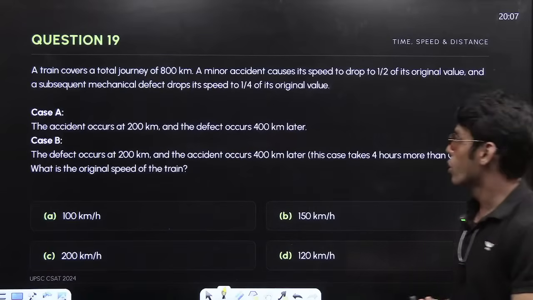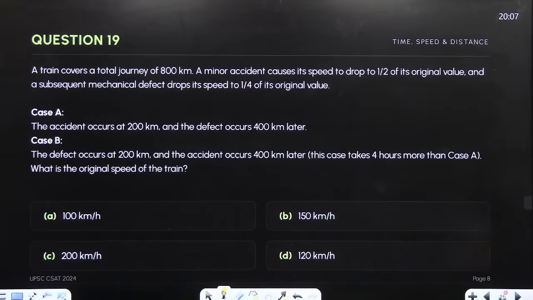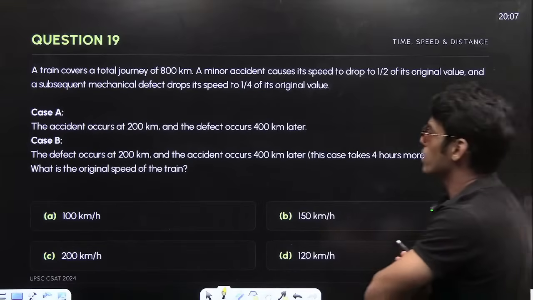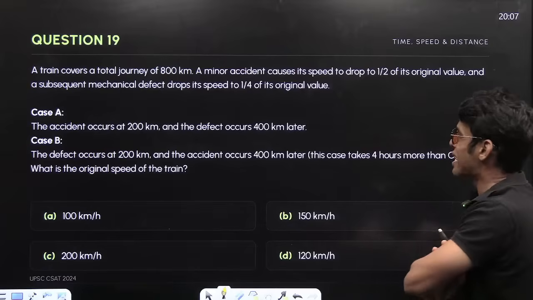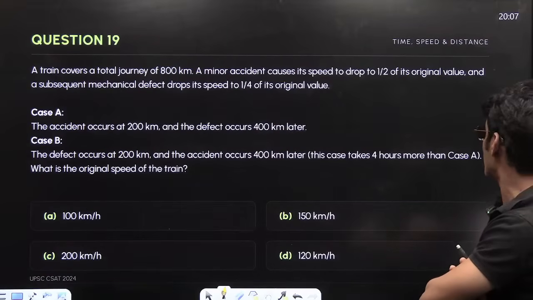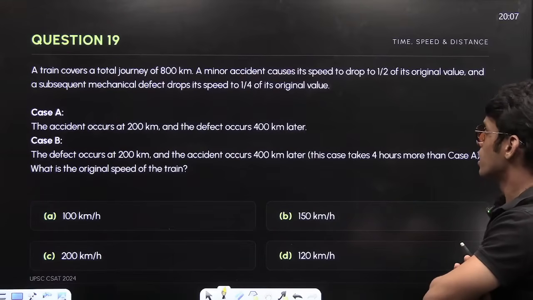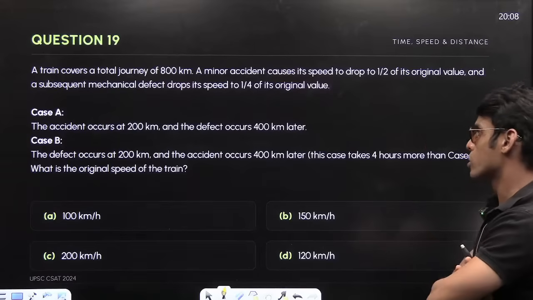Perfect. Okay. Now, problem number 19. A train covers a total journey of 800 km. A minor accident causes its speed to drop to 1/2 of its original value, and a subsequent mechanical defect drops its speed to 1/4 of its original value.